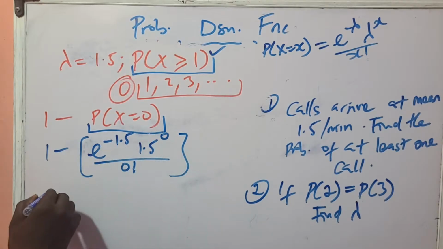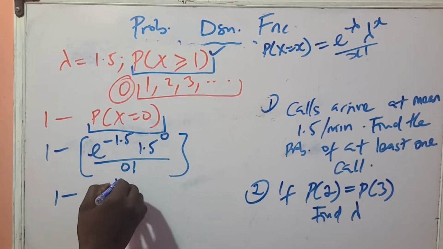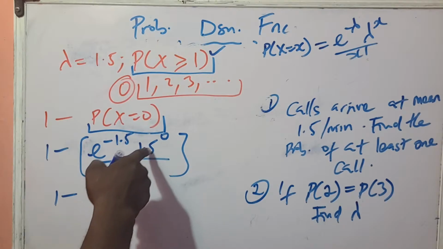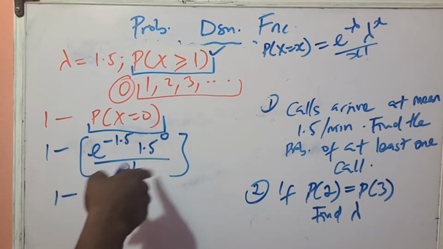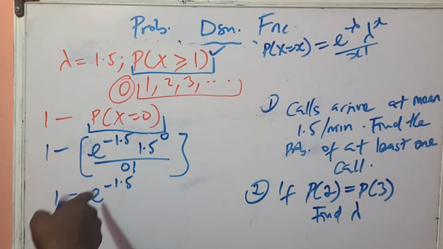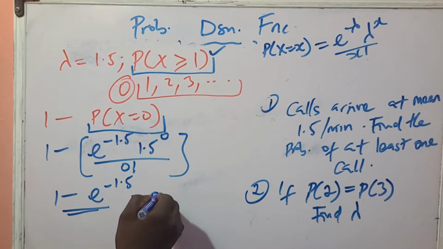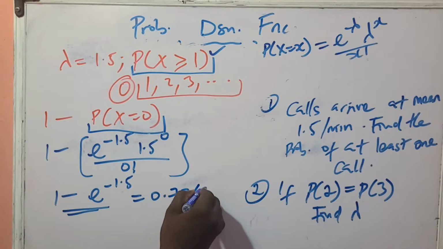The reason is because 0 factorial will be 1, and 1.5 raised to power 0 will be 1. So all this will turn to e raised to power minus 1.5, and that will be 1 minus e raised to power minus 1.5. You solve this, you should get an answer of 0.7769.